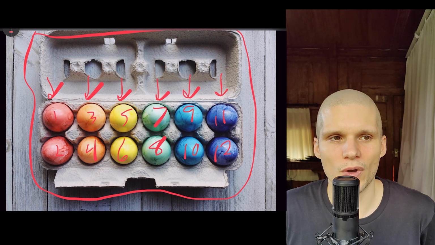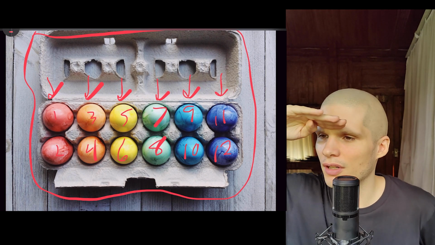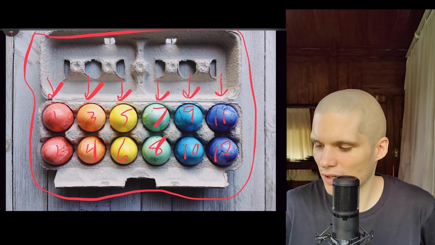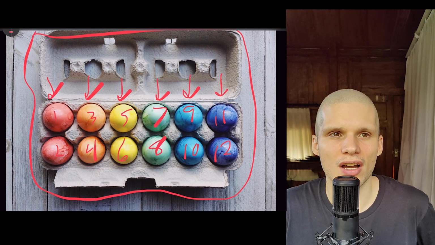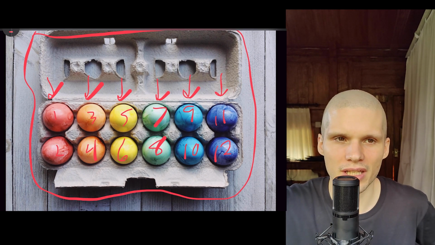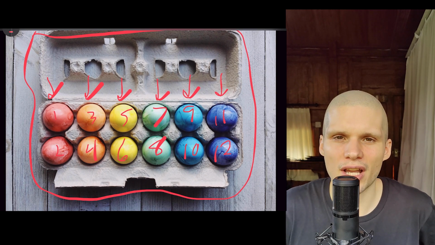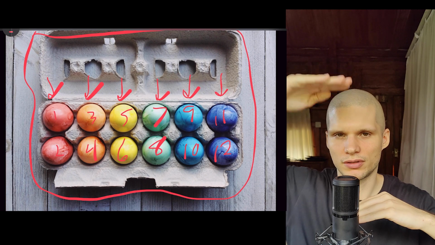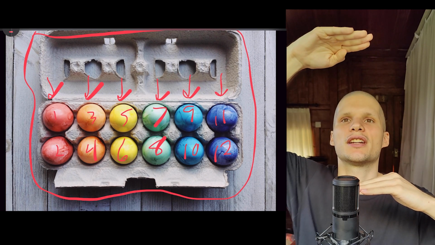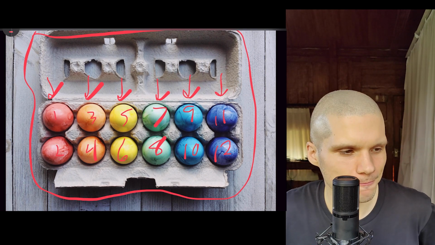And there's a game where children look for hidden eggs. Maybe the egg is behind a tree or in a bush, and they look for them. And the child who finds the most eggs wins.